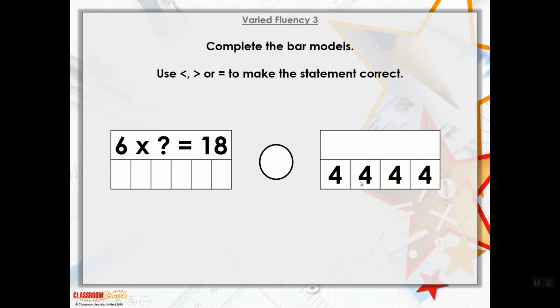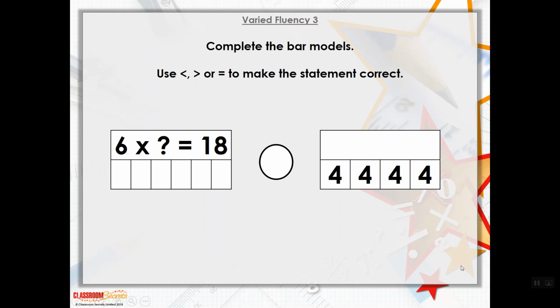And I've got 4 times 4 equals, so work out for me what's the missing value in here. Don't forget, you'll need to complete these. Jot them down on your paper and pause the video.